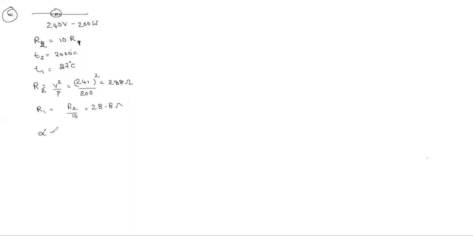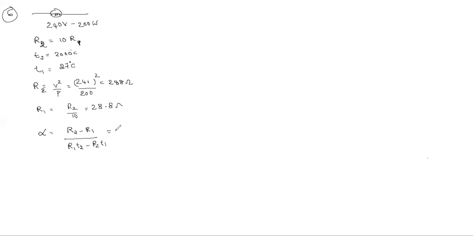As usual, alpha is equal to R2 minus R1 by R1 T2 minus R2 T1. By substituting all the values, how much did you get here? Around 0.0052, sir. Approximately, so you are saying 5.2 into 10 power minus 3.